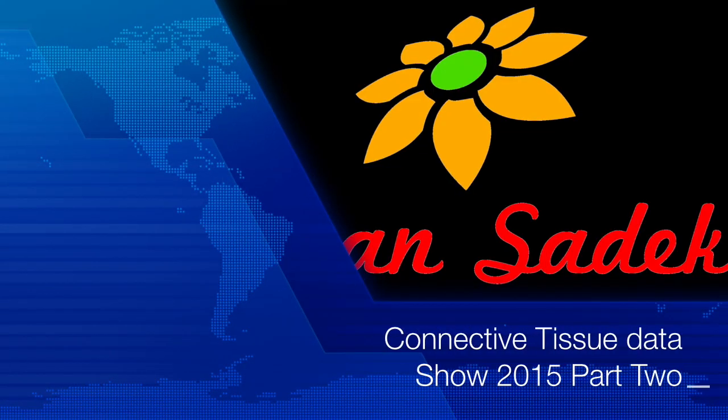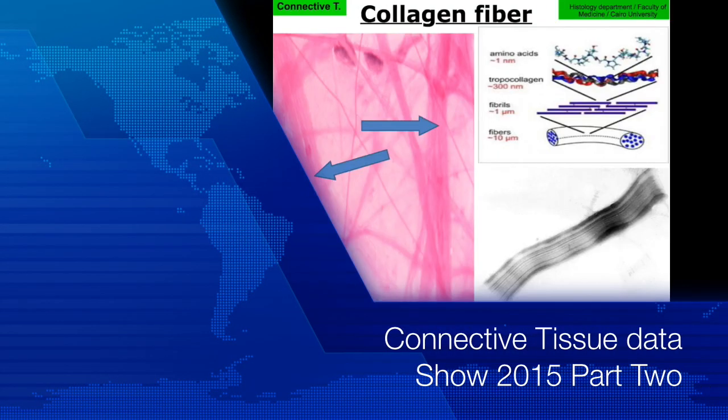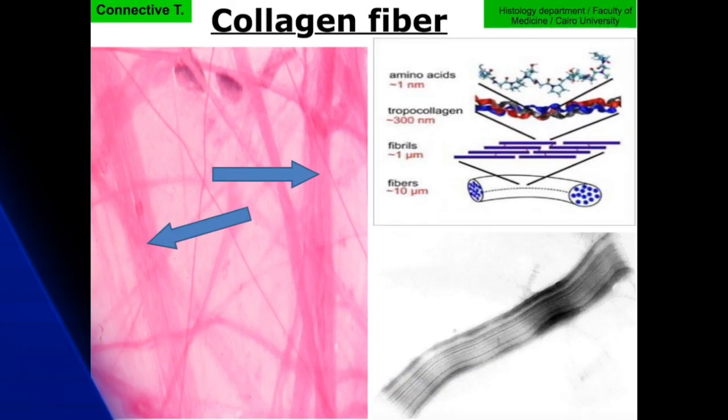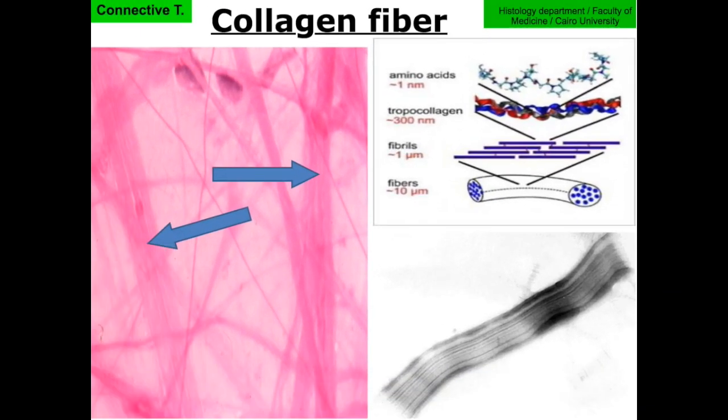Apparatus. This is the picture for the collagen fibers, which are one of three types of fibers present in the connective tissue proper. First, you have to remember here the structure of the collagen fibers. They are formed of amino acids forming three polypeptide chains.